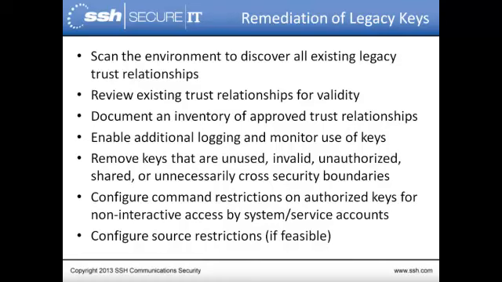The first step, quite obviously, is to scan the environment to discover and identify all the existing keys that are in the environment and to merge them together to identify the existing trust relationships. As with anything, it's impossible to control unless you first have an inventory. Now, once that inventory is created, it's important to do a few things with it.